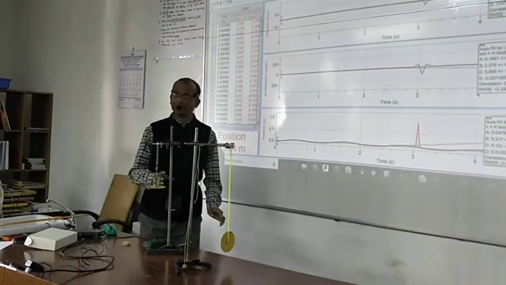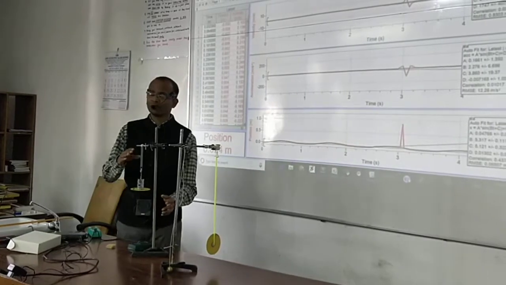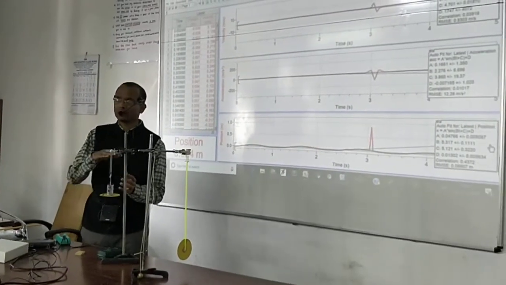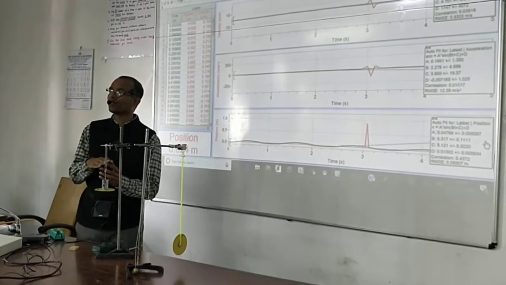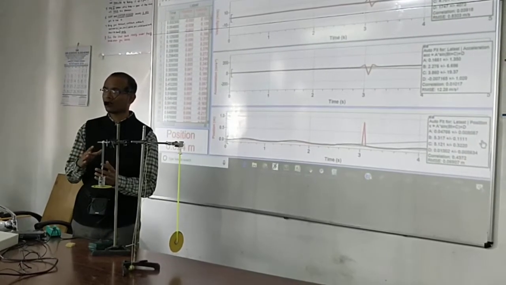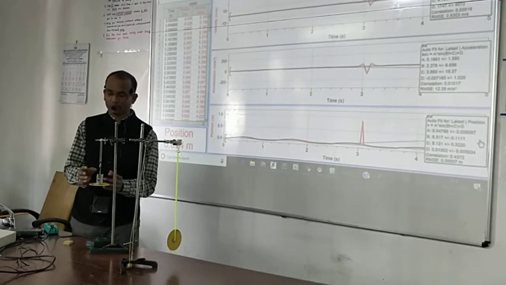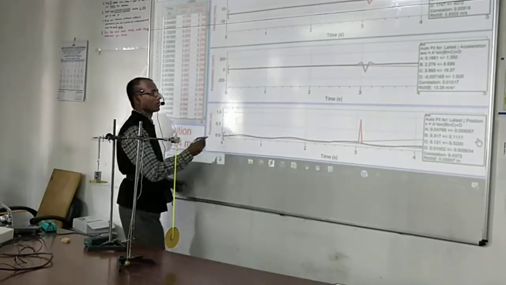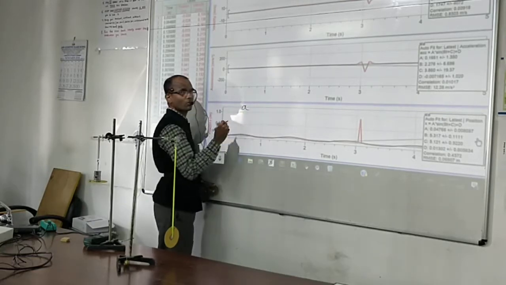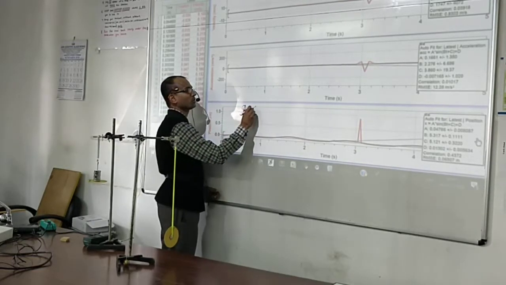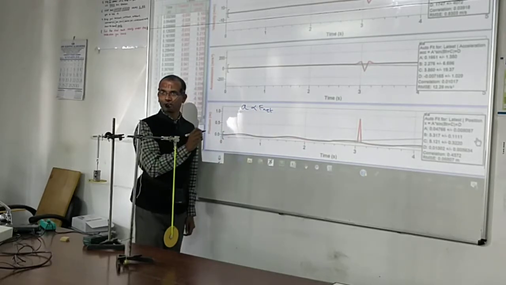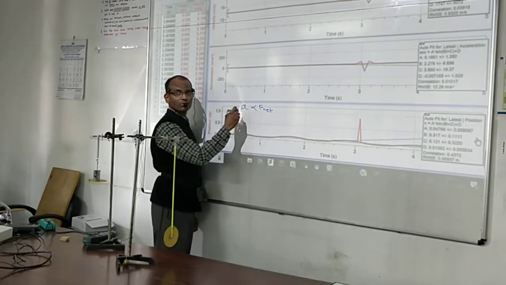So see, in real life, whenever there is some restoring force which brings an object back to its equilibrium position, it can be modeled using simple harmonic motion. The equation is like this. The acceleration of any object is proportional to the net force acting on it, and it takes place in the direction of the net force.